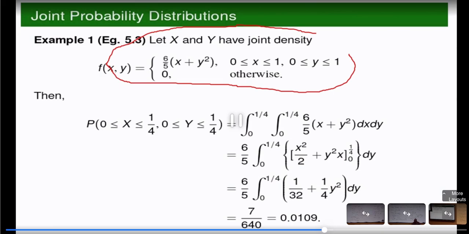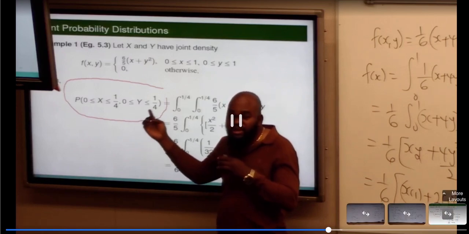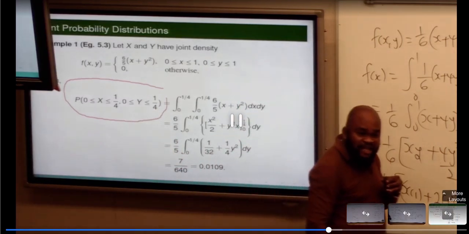Now what the bank official really wants to understand here is: what is the probability that 25% of the time the drive-in facility will be used, while 25% of the time the walk-in facility is used? This is a maximum that the walk-in facility is going to be used within 0 to 25%, and the drive-in facility is also going to be in use within 25%. That's what we want to figure out now.